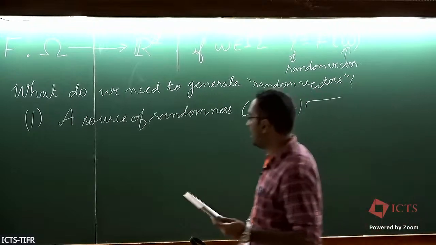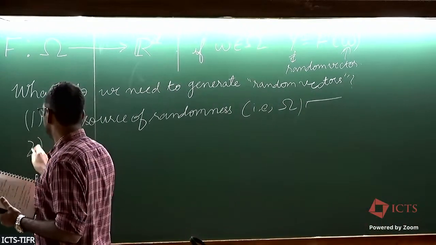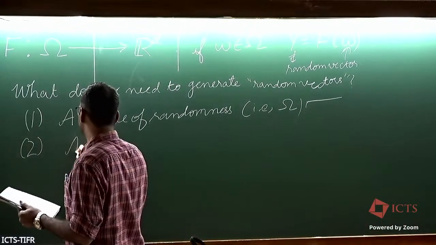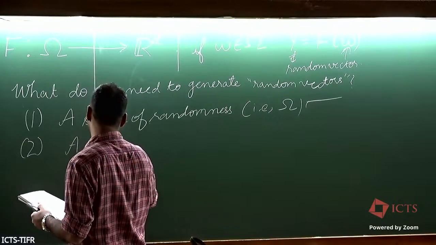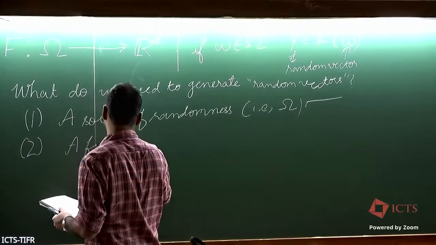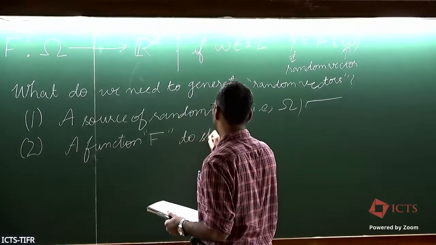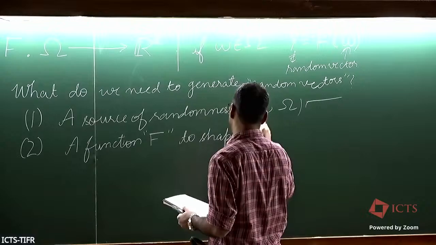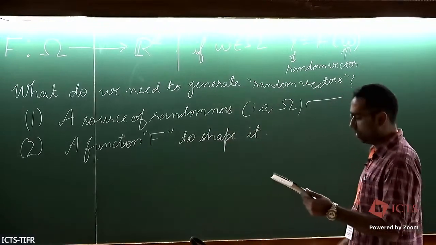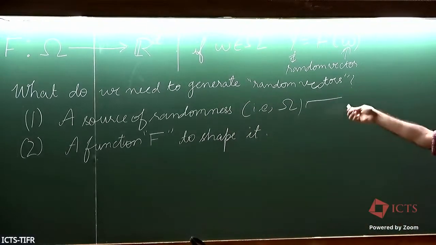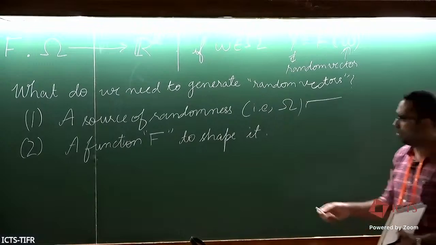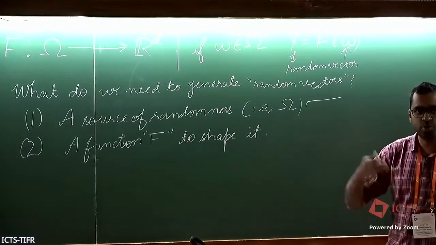Okay, and number two, a function f, like I showed here, to shape it. Okay, we don't actually care about Gaussian random variables because it's easy to generate. We know its shape, we know everything about it. So we actually care about, let's say, a space of images, a distribution over images, right?